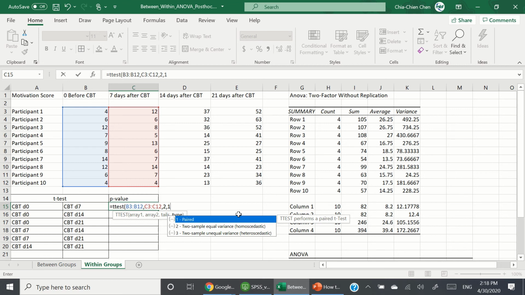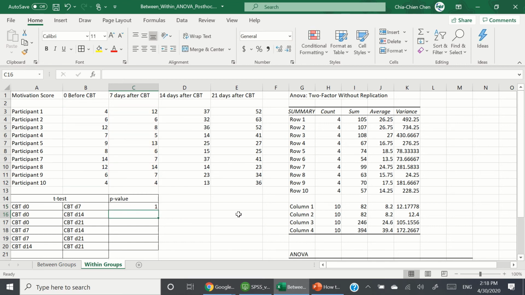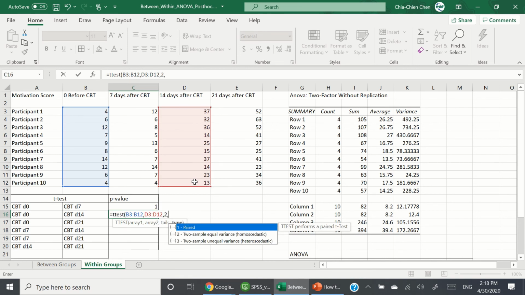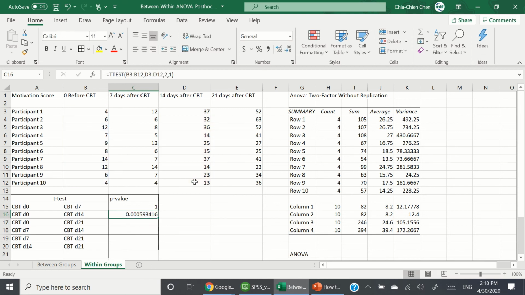So that is a paired t-test. Okay, and the second one is day 0 versus day 14, two tails, type is 1.